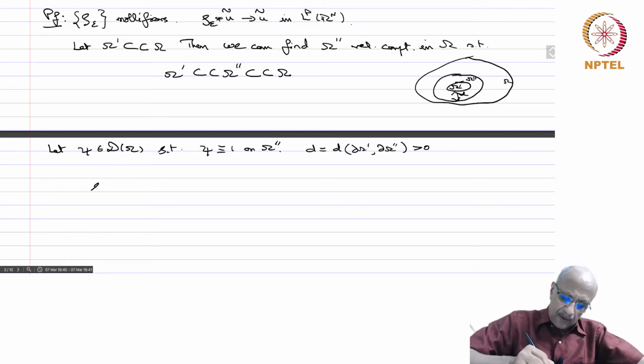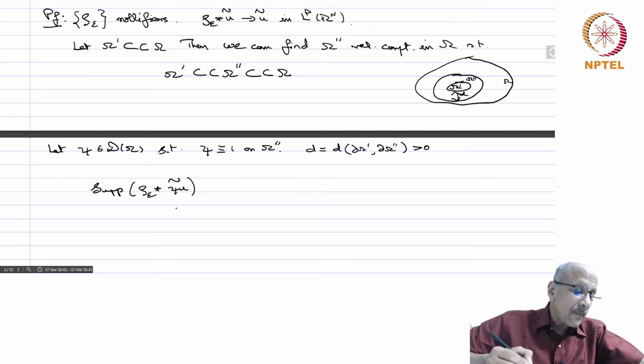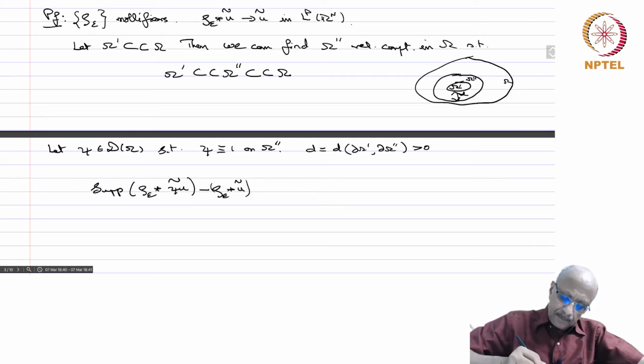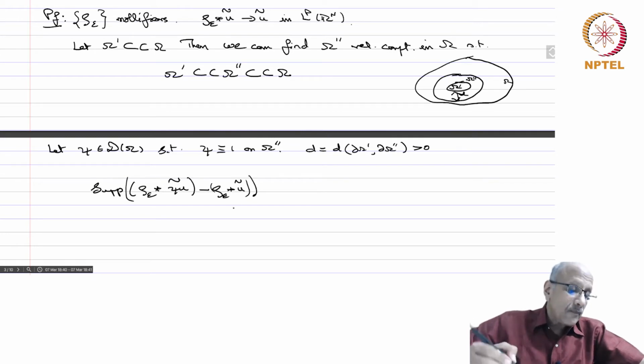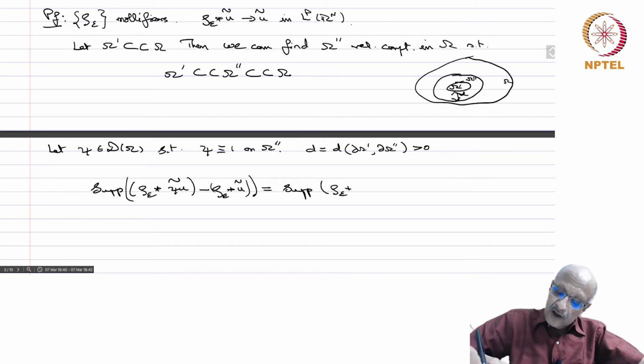Okay. Now the support of rho epsilon star psi u tilde minus rho epsilon star u tilde is equal to the support of rho epsilon star (psi tilde minus 1) u tilde.